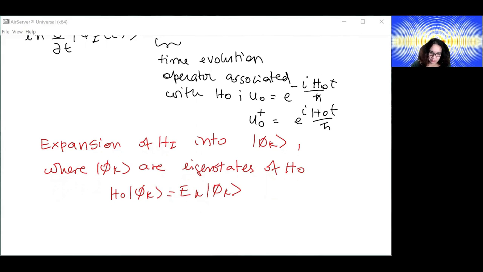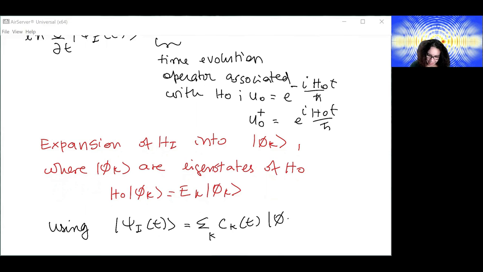So we are going to write psi_I(t) equals sum over k c_k(t) phi k. Remember, this is the interaction picture.